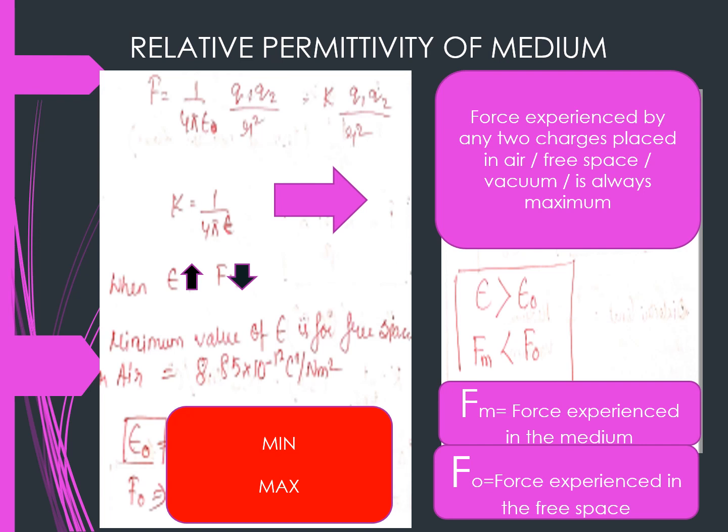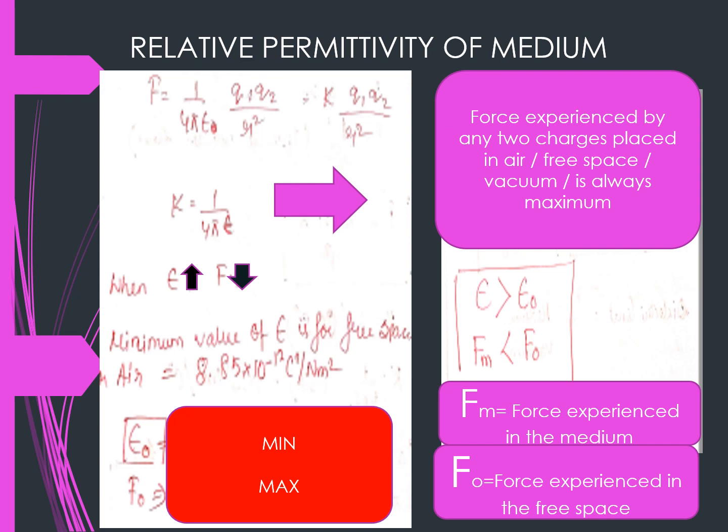If the permittivity of the medium has a maximum value, then in that medium the charges will experience less force. So if the value of epsilon is greater, then the force that it will experience will be less.